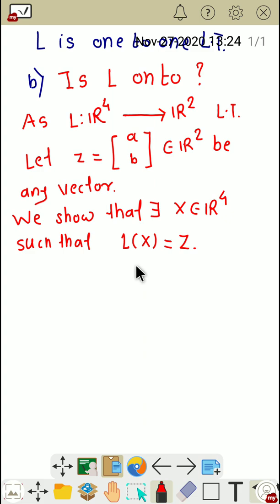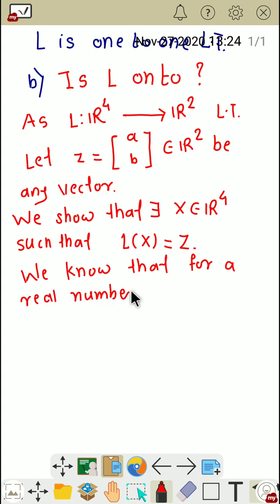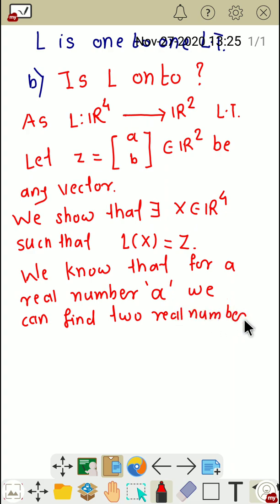Okay, so we know that for a real number a, we can find two real numbers, say x1 and y1, such that a is equal to x1 plus y1.